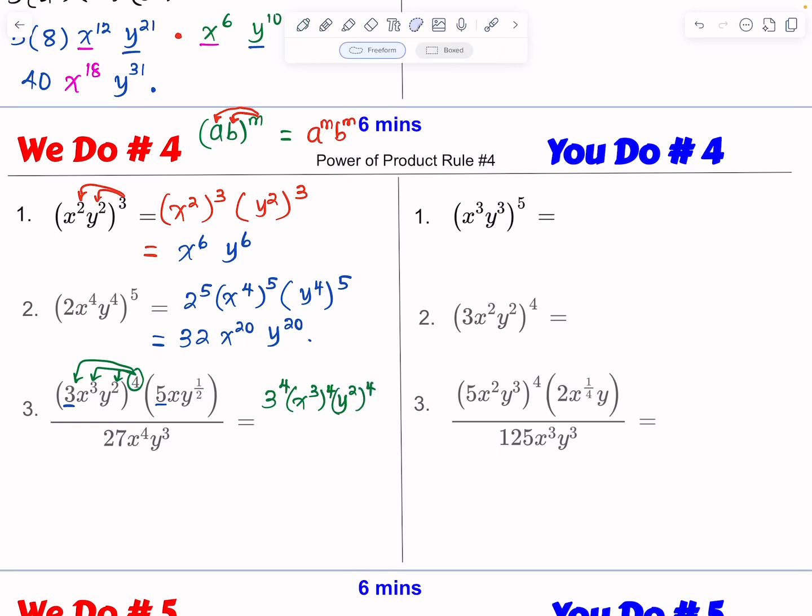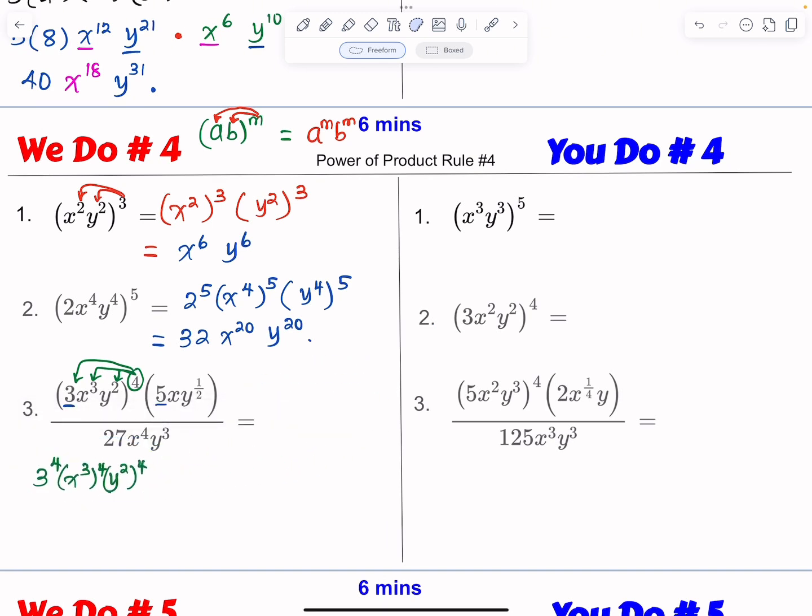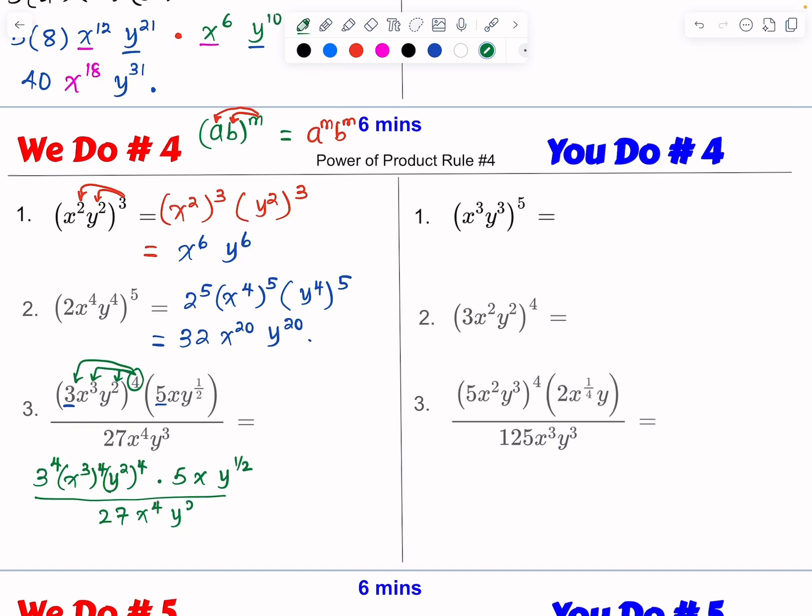And then once I have that, what am I going to do next? The next thing I'm going to do is write down multiply by 5 x y to the 1/2. And then the next thing I'm going to do, I will divide it by 27 x to the 4 y to the 3.